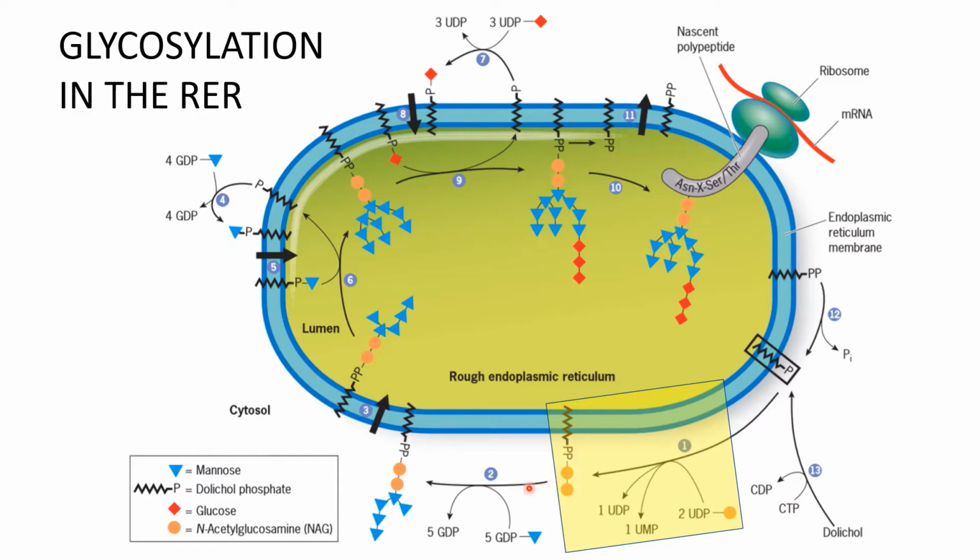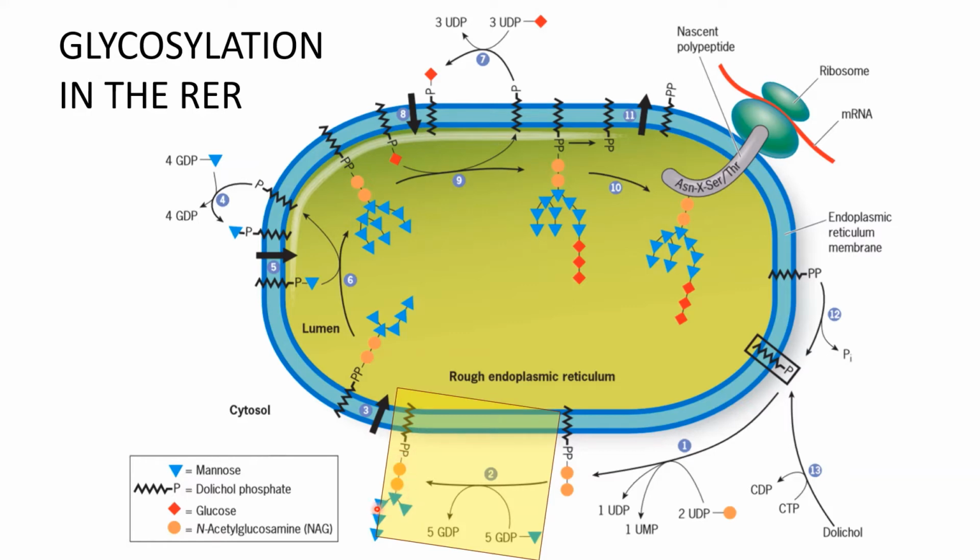Okay, and then next, in step number 2, we have another molecule that will react, this time GDP, to add mannose sugars, and that's 5 of them, on top of the NAGs that was added here. So GDP is gonna be adding that to our ever-growing Christmas tree.